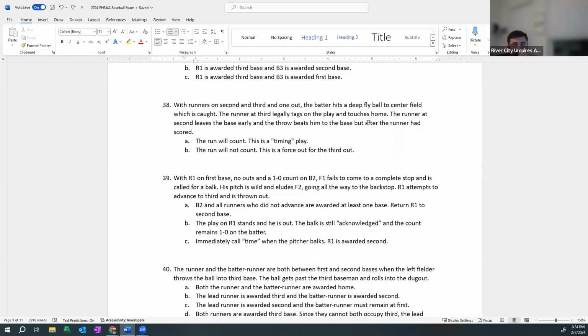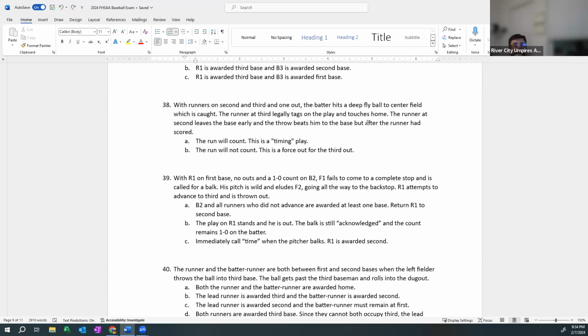Who's forcing him? Well, I'm trying to think. If he tags legally and he's throwing to third and he gets tagged out at third. He has to be tagged going back to second, though. He has to be tagged going into second, is how I always think about it. He doesn't have to be tagged. No, he doesn't.